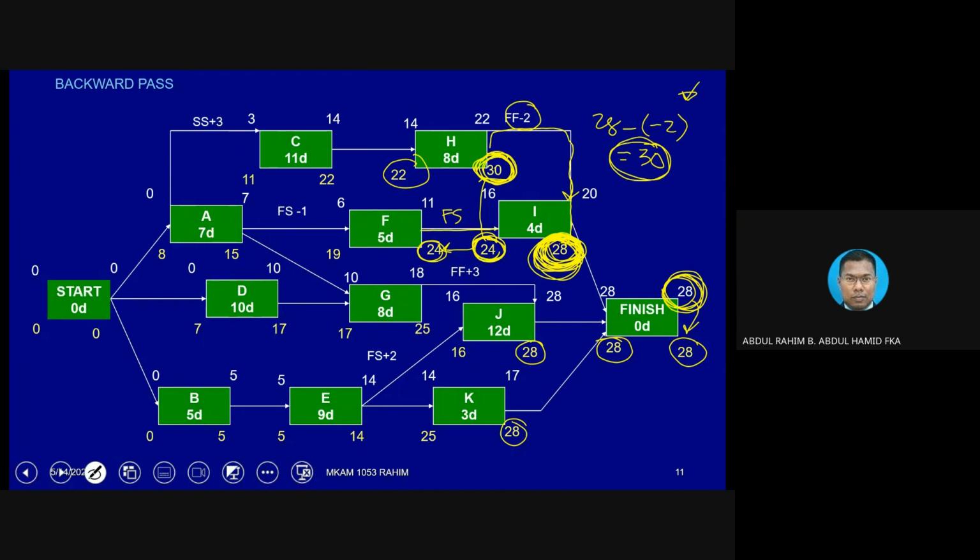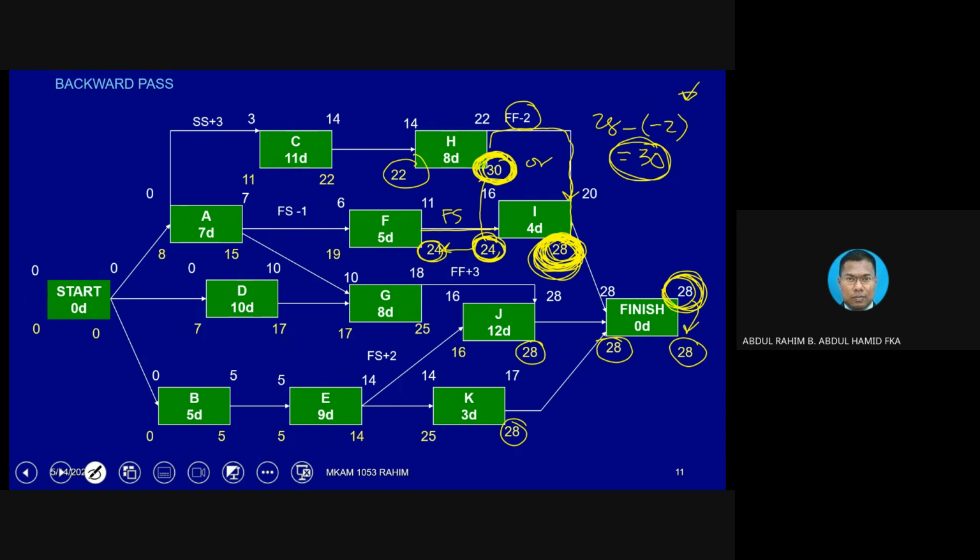But when we do the backward pass, we take whichever is the lower value and put into this box. And now the 30 that we get here is one of the alternatives. We need to ask the question, is it 30 that we are going to take or 28?